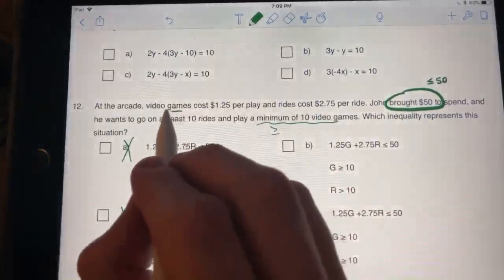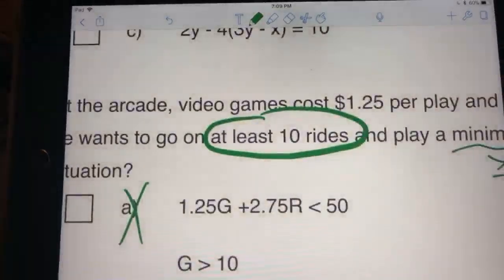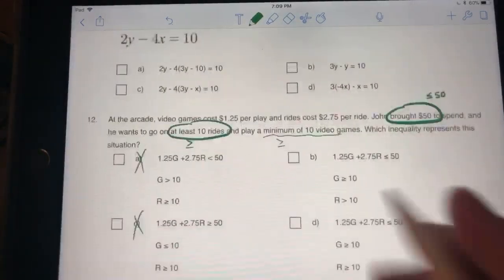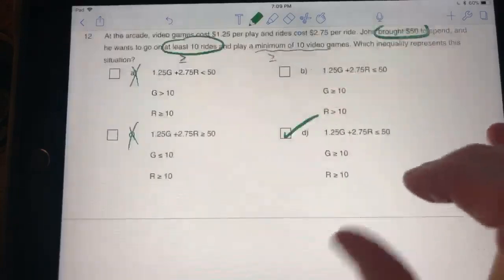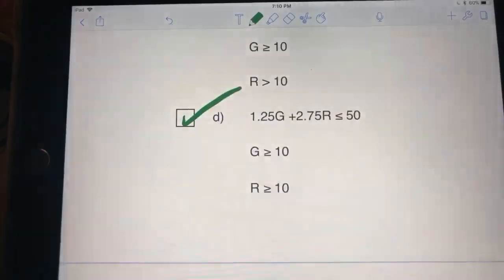And so this is where it comes down to. He wants to go on at least 10 rides. So what symbol would represent at least? Greater than or equal to. So both of these should be greater than or equal to: choice D. At least, minimum, and saying, hey, you brought $50, that's really less than or equal to 50.